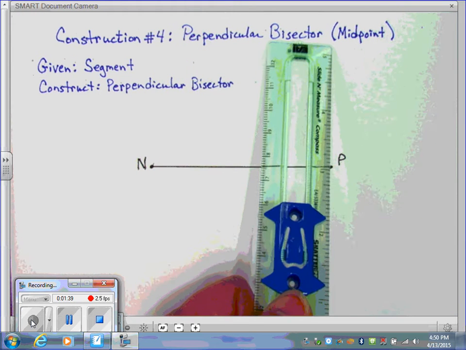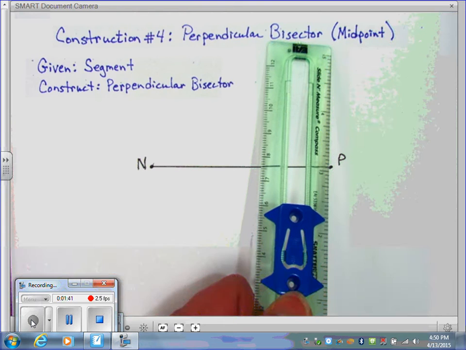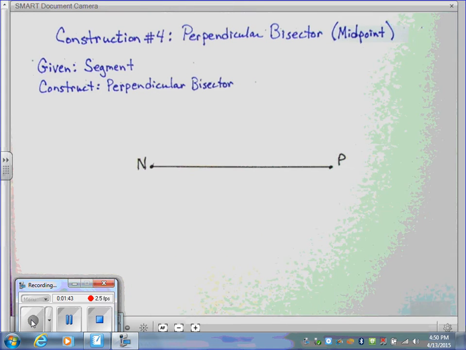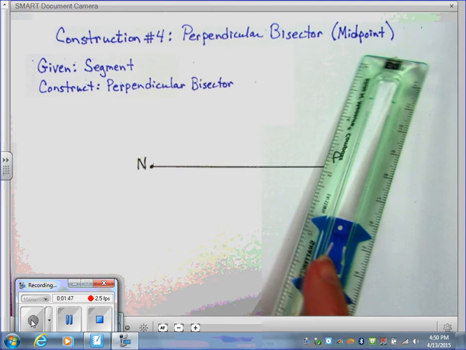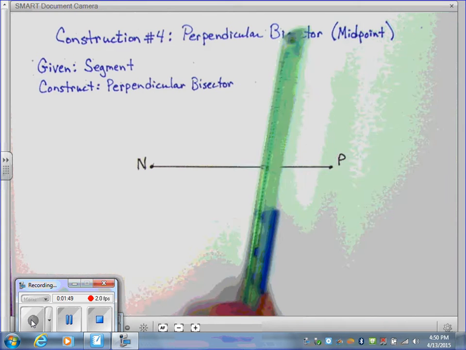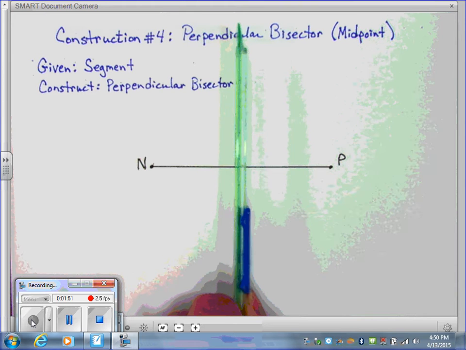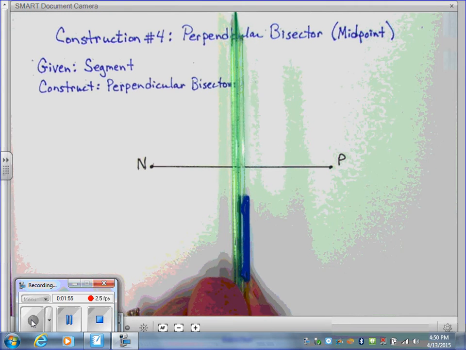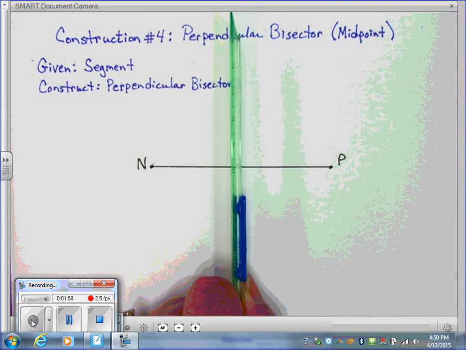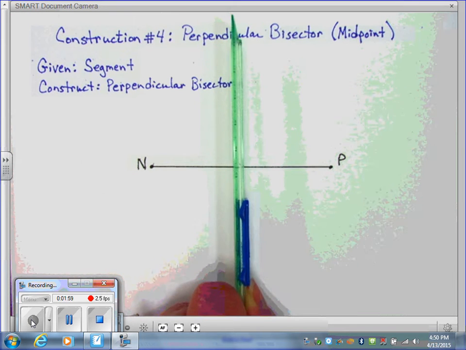But bisector means something else. Bisector means it cuts it in half. And if you cut a segment in half, you cut it at its midpoint. So what we're going to end up getting is a line that makes a right angle with this segment and passes through its midpoint. So the point on the line is going to be the midpoint.